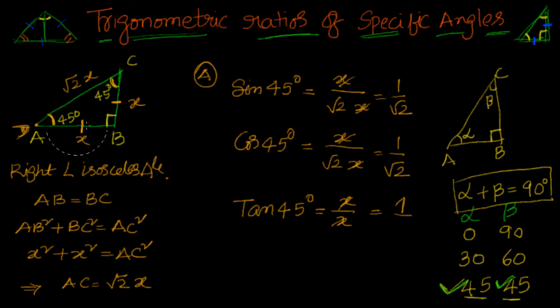So we constructed a right angle triangle where both the angles are 45 degrees. And when it is 45 degrees, automatically I know that the opposite sides are equal. Then it becomes a right angle isosceles triangle. Now let me apply Mr. Pythagoras and find out what is the hypotenuse. Once I got the hypotenuse, I substituted the values we got for different trigonometric ratios of angle 45 degrees. I think that is pretty clear.